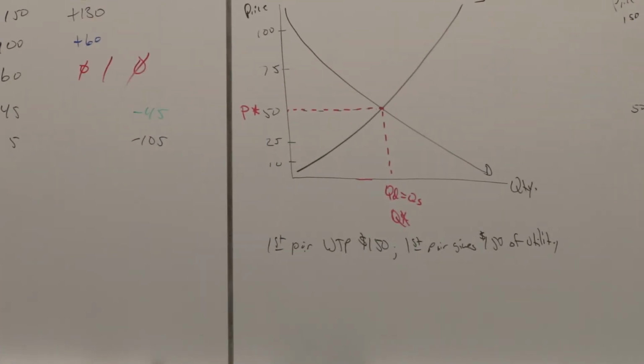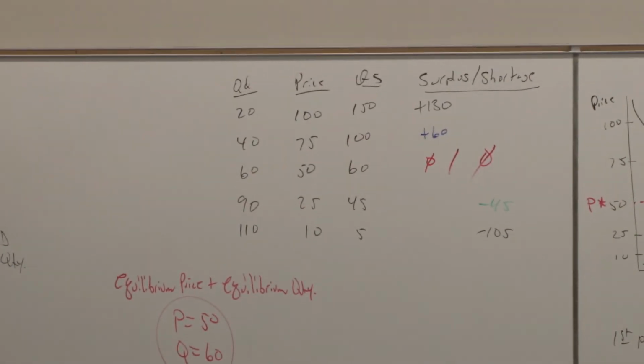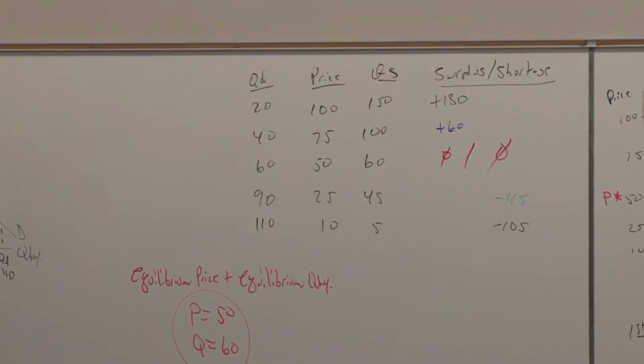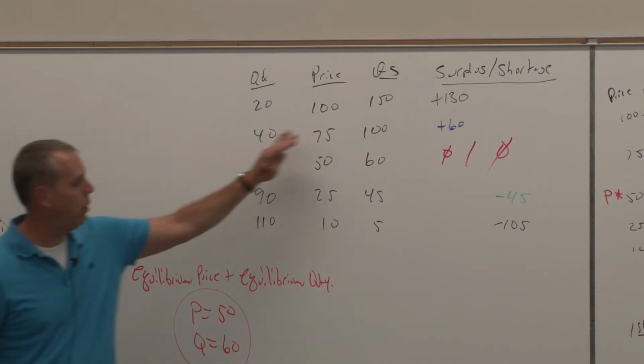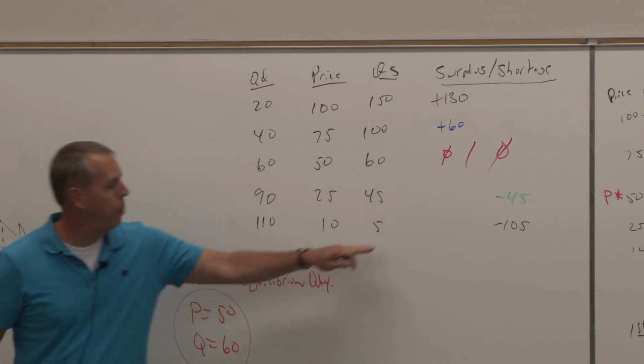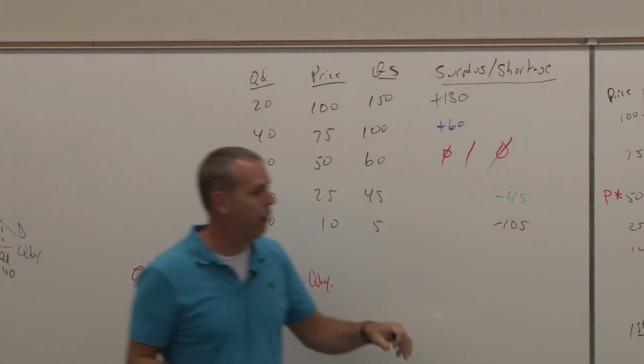Okay? How much does jean pair number 1 cost to make? Give me a number that makes sense. From this data right here. The 5th pair costs 10. So jean pair number 1 could cost 5.